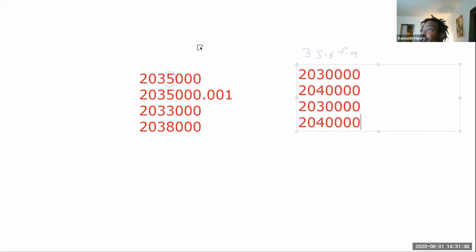Here, since this number is less than 5, 2030000. Since this number is greater than 5, we'll have 2040000. And you don't want to forget your space holders.